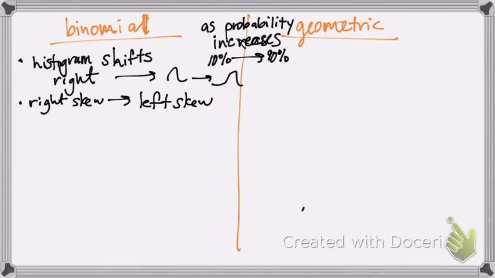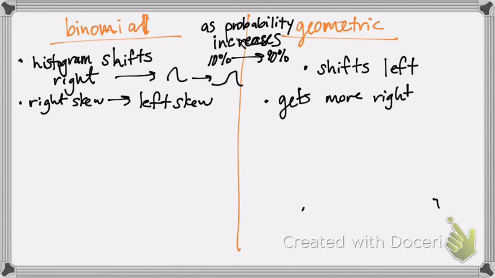Geometric. For geometric, it is shifting left. It's already a right skew, but it gets more and more right skewed. So it's just strengthening the right skew. It starts off like this, and then it goes to that.